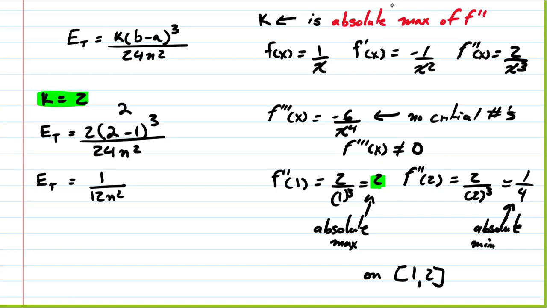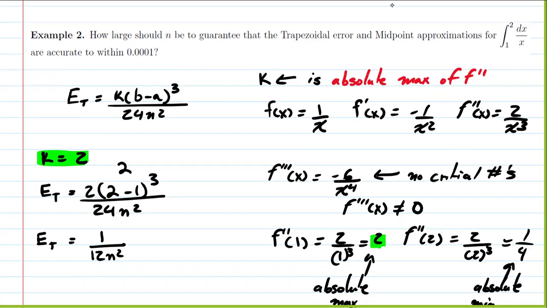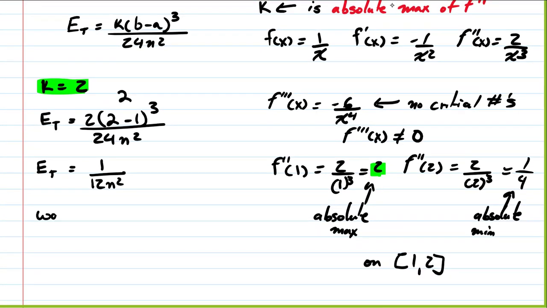So what do we want our error to be less than? We want E sub t to be less than 0.001.